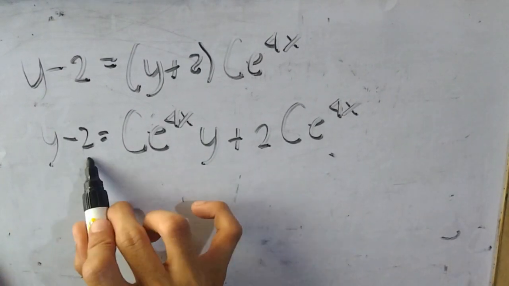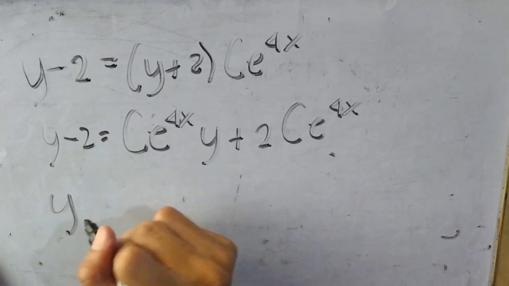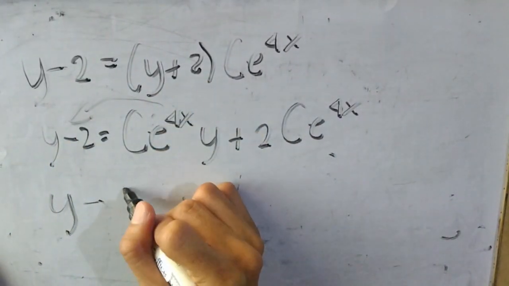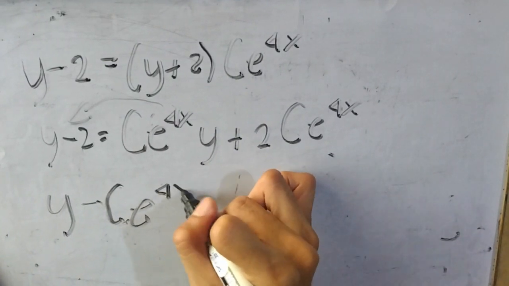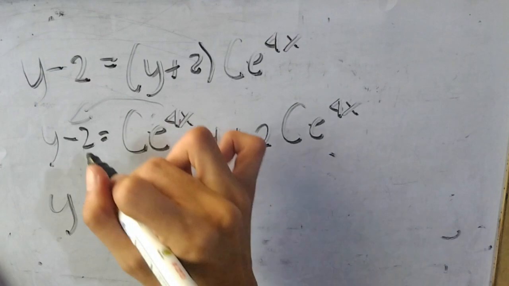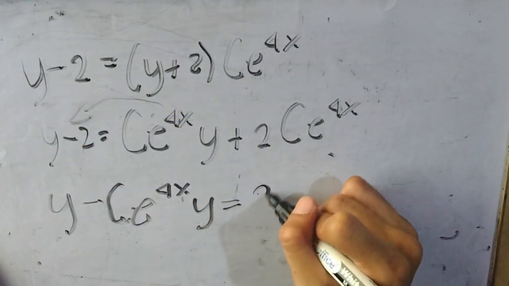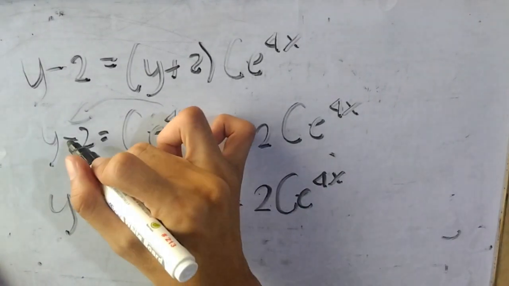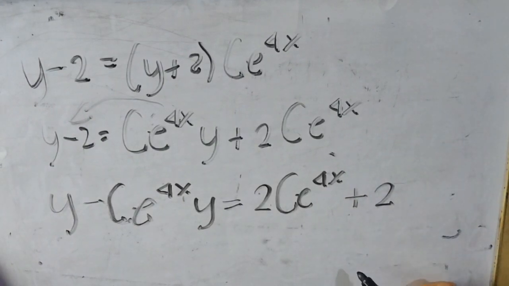And the constant 2 we will transfer to the other side. So y minus, we will transfer to here. So c e raised to 4x y. Then we'll transfer this negative 2 to the other side, equals 2 c e 4x, and if you transfer it to the other side, it will become positive, plus 2.